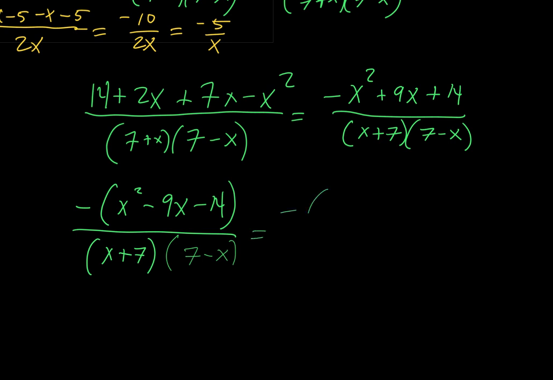So now I'm thinking, are there two numbers that multiply to -14 that add to -9? What numbers multiply to -14? 14 and 1, but it's got to be -14, so -14 and +1.